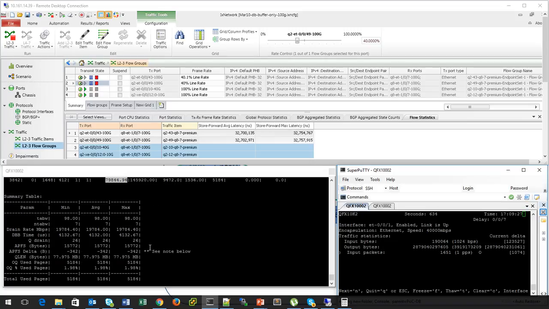Another interesting point is that the drain rate is around 20 gig. So we see that the buffer size halved from what it was before, and the drain rate has also dropped from 40 gig to 20 gig.